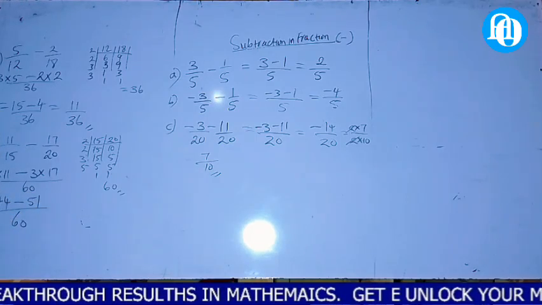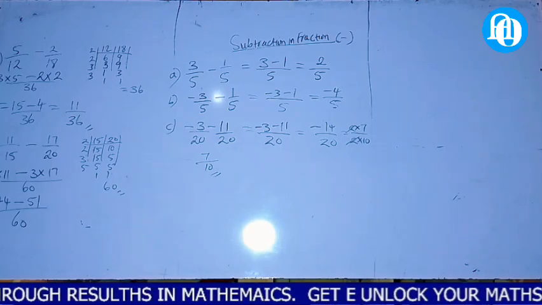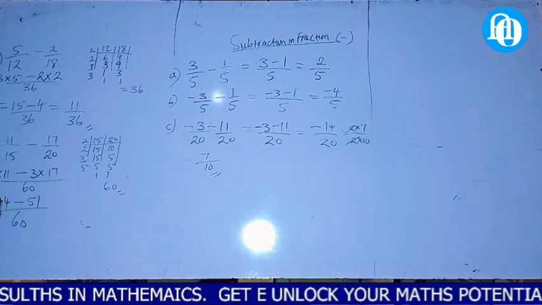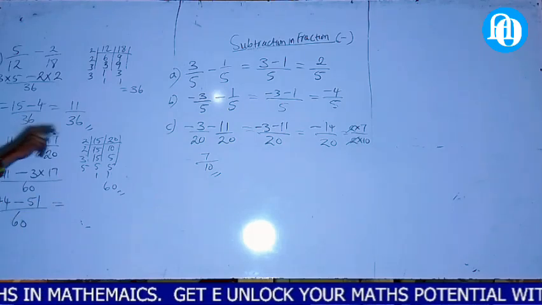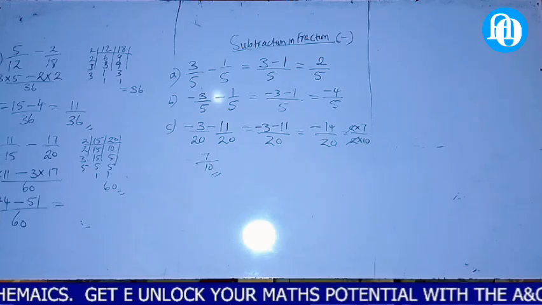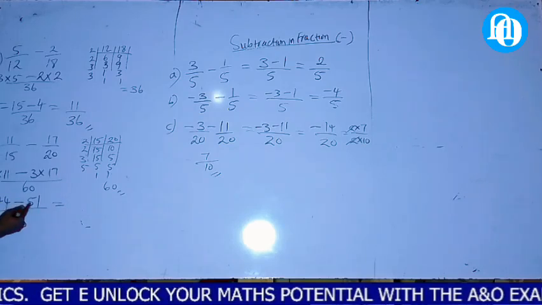I want you to take note of this. Who can tell me what is at the front of this one? There is an invisible plus here. If you want to get this answer, what we have already done in integers can help us get the correct answer. What is the biggest number here?